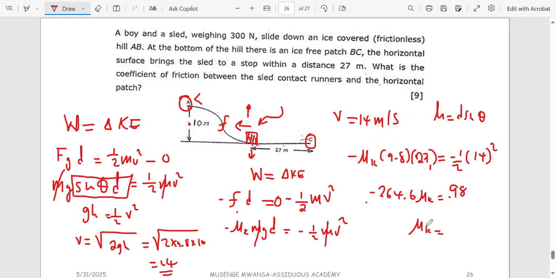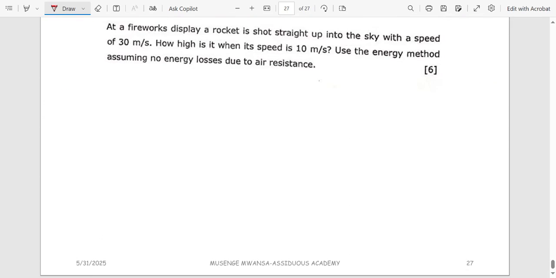Mu k is going to be 98 divided by 264.6, and that's 0.37. So that is how you work out that one. Okay, and then the last question.